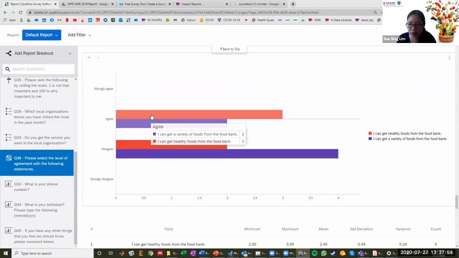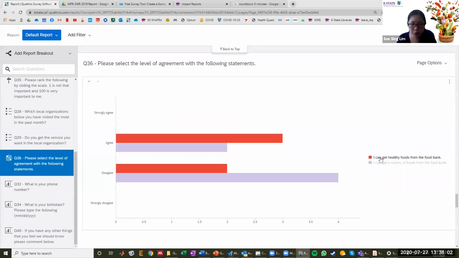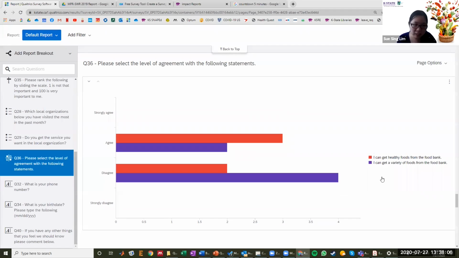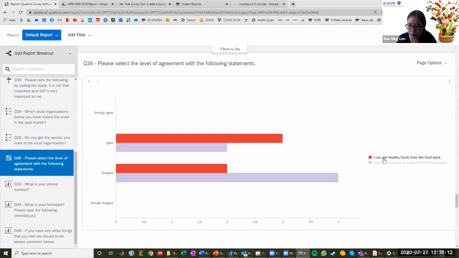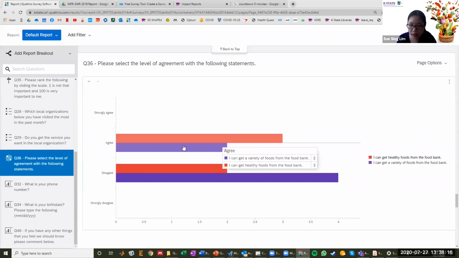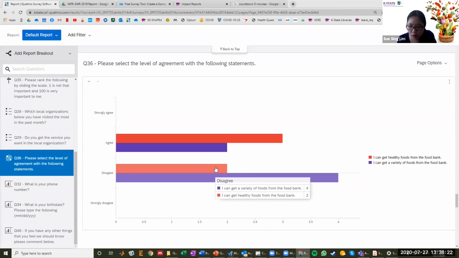Okay, this is the matrix question where I say it's quite complicated. If you only have 2 statements, they're not as complicated. But if you have like 5 statements here and ask people to agree or not, the chart is going to be very confusing or complicated. So let's see here. I can get healthy foods from the food bank. 2 of you say, sorry, red color, 3 of you say you agree, and 2 of you say disagree.